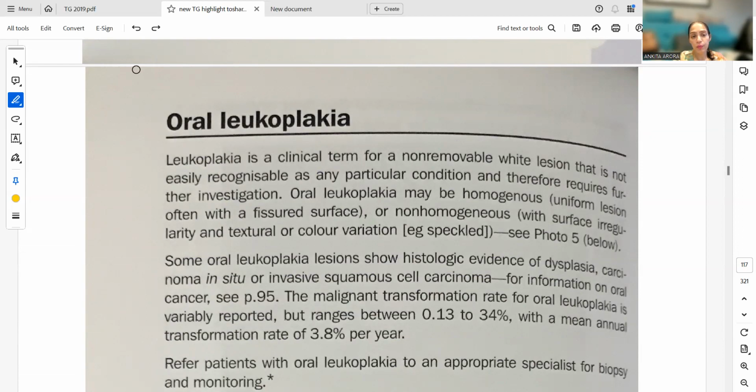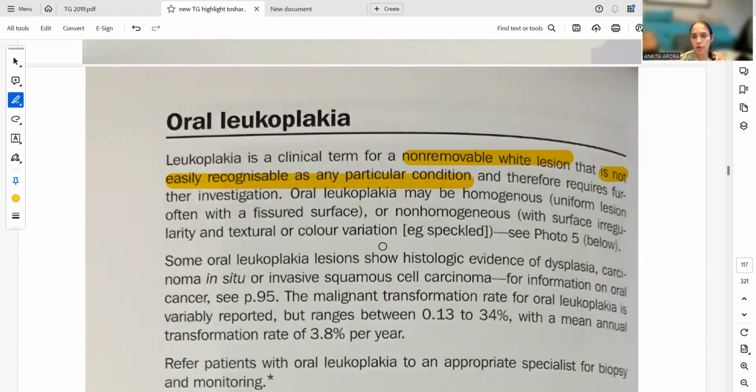Then oral leukoplakia. Leukoplakia is a clinical term for a non-removable white lesion that is not easily recognizable as any particular condition and therefore requires further investigation. So it's a very important point. It's a kind of diagnosis of exclusion. It is not lichen planus, it is not OSMF.